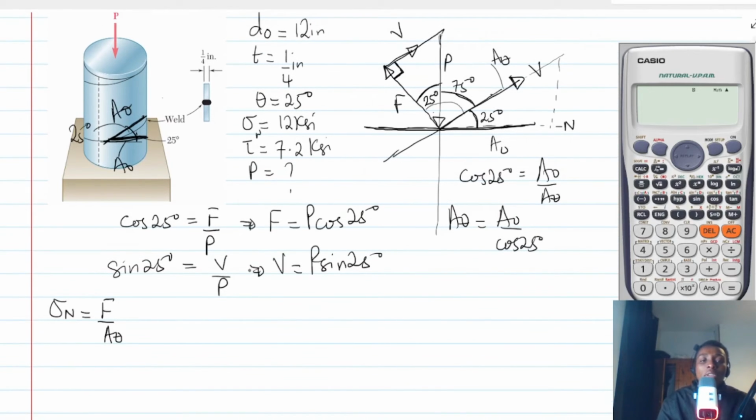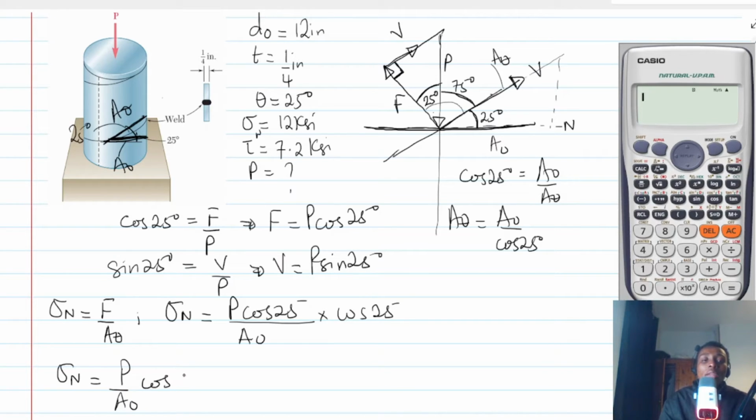If we put everything inside here, then our normal stress will be P cosine 25 divided by A naught multiplied by cosine 25. In other words, our normal stress will be P over A naught cosine 25 squared.